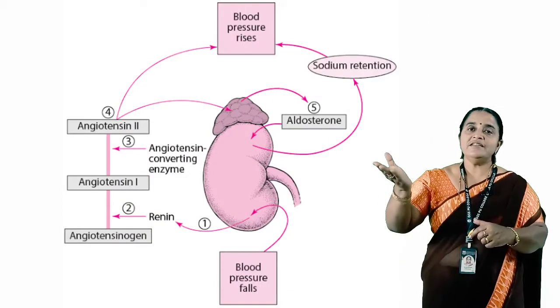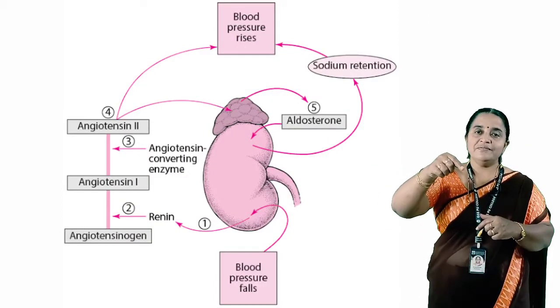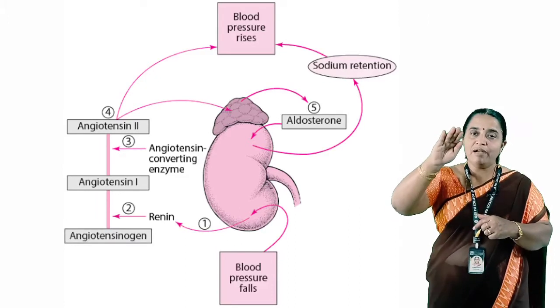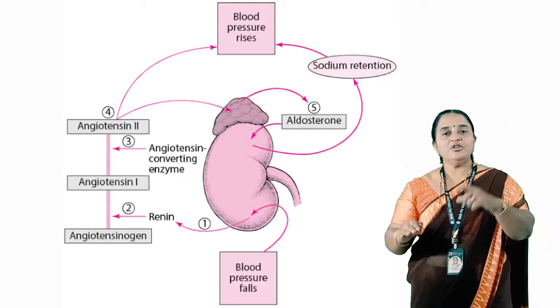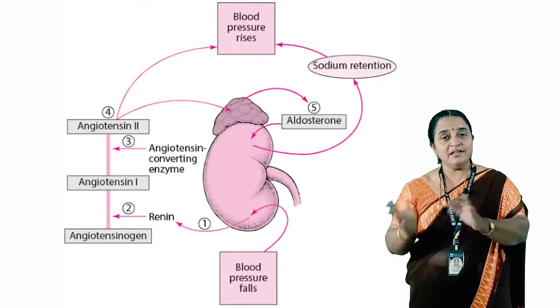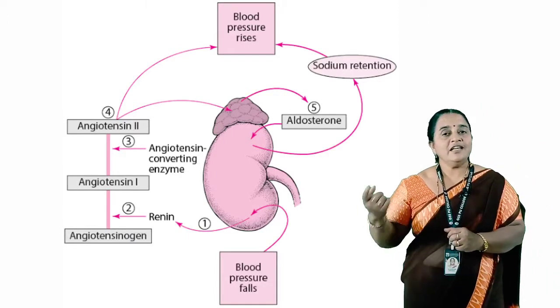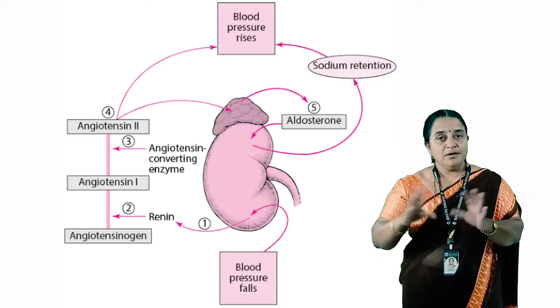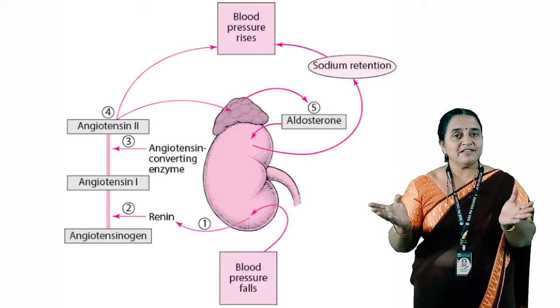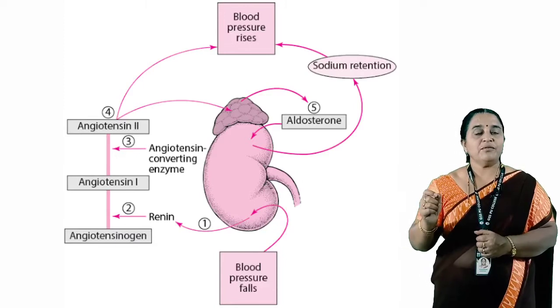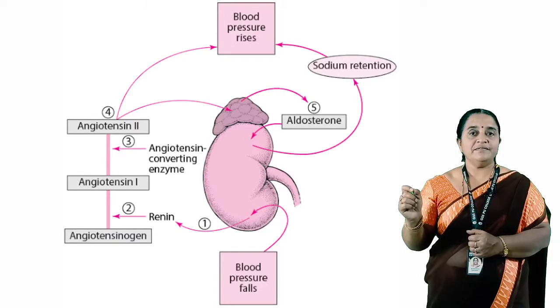When blood pressure increases, release of ANF, vasodilation. When blood pressure decreases, again angiotensin for constriction. By this, angiotensin for constriction and ANF for vasodilation. Due to these two feedbacks, the urine formation is always regulated.